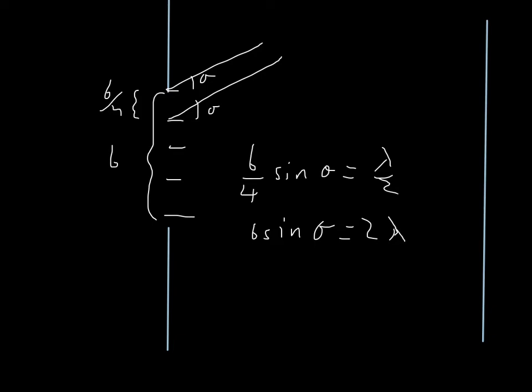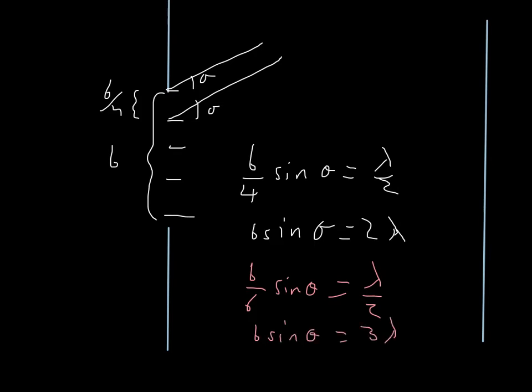But I could do more, right? Instead of dividing this in 4 pieces, I could divide this in 6 pieces, and then I would have b sixths here. So then I would have b sixths of sine theta equals lambda halves. And you can see where I'm going. b sine theta equals 3 lambda.